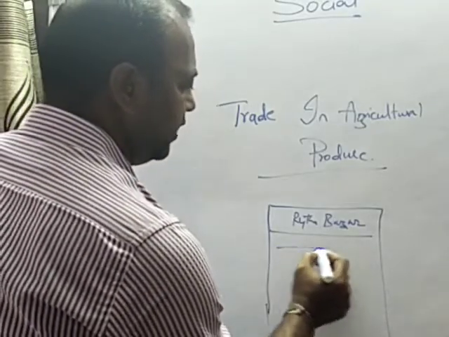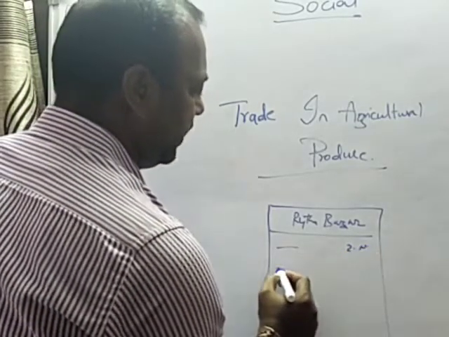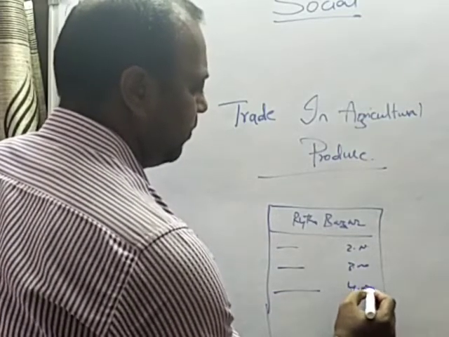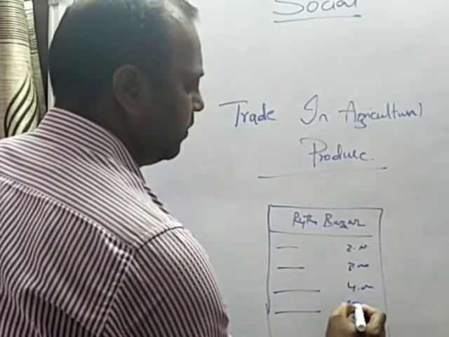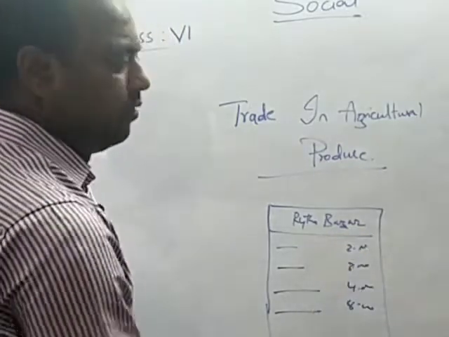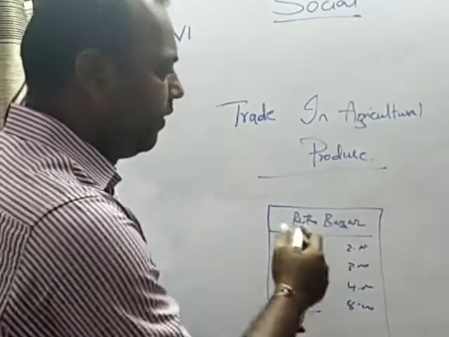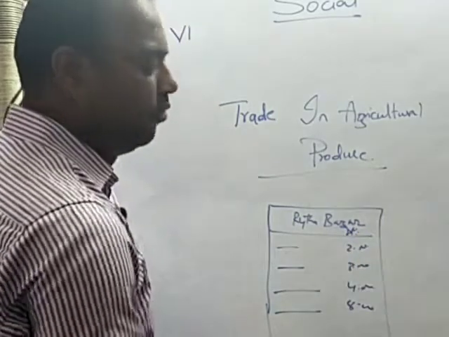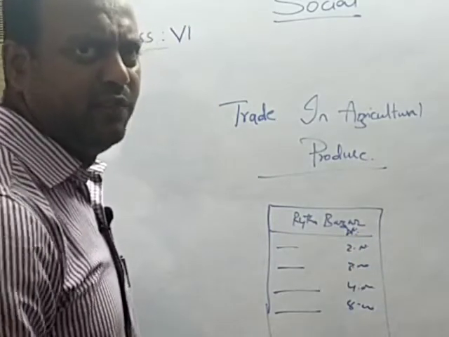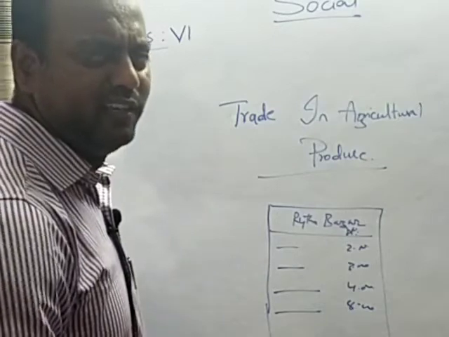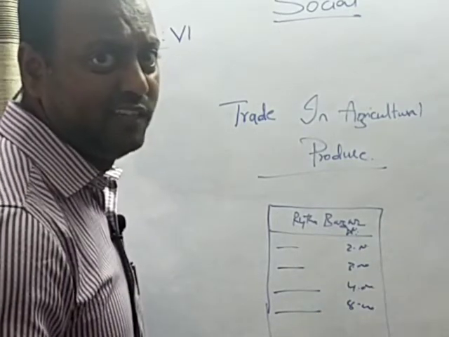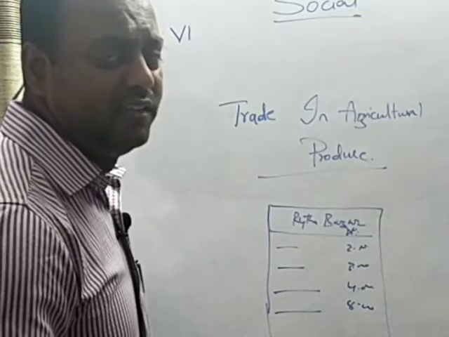So they mention its prices per kilogram. Likewise the entire chart will be there, and the date will be there, which day. So they follow this chart, and everybody sells at the same price. It's not like one sells at a high price and another seller sells at a lower price. They sell at the same price.